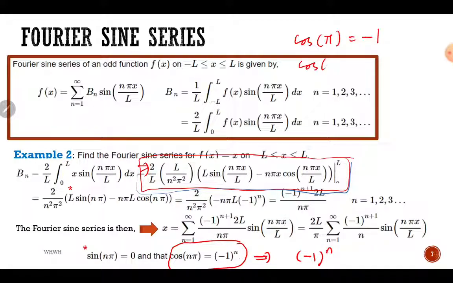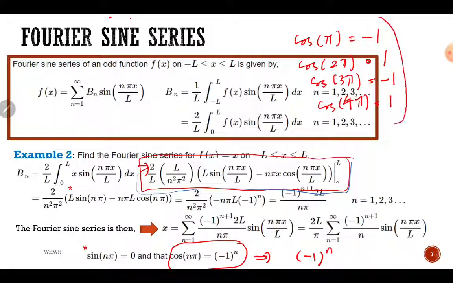Kalau dia 2 pi, dia akan jadi 1. Kalau dia 3 pi, dia akan jadi negatif 1. So, dia is just alternate. Okay, kalau dia cos 4 pi, dia akan jadi 1 balik. So, maknanya, apa je punya jawapan ni, dia bersamaan dengan pattern negatif 1 kuasa n. Dia depends on what is our n. Kalau n kita sama dengan 1, maknanya negatif 1 kuasa 1 sama dengan negatif 1.